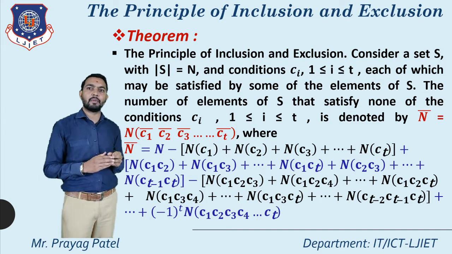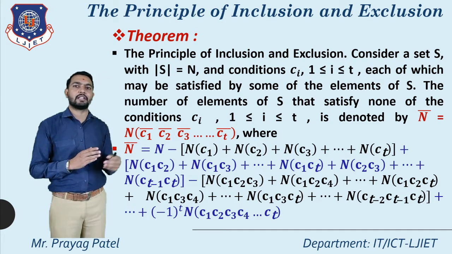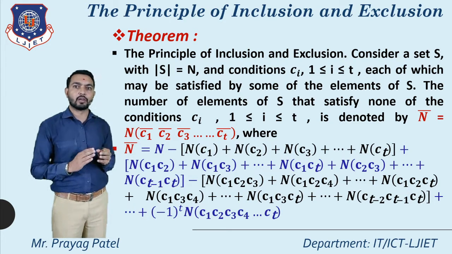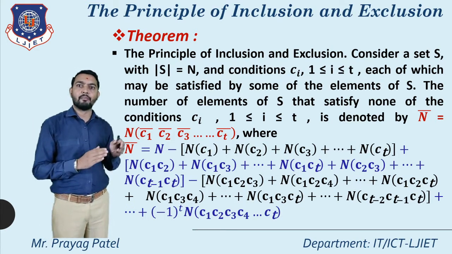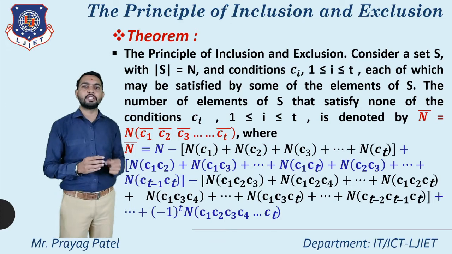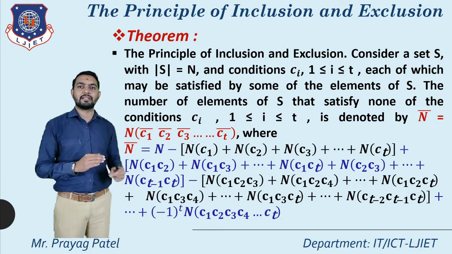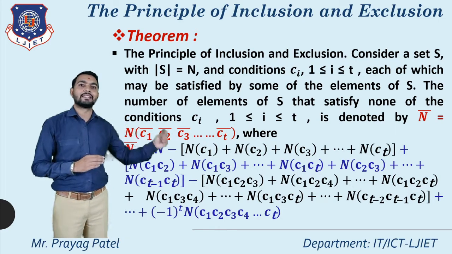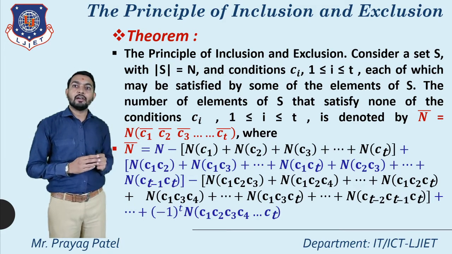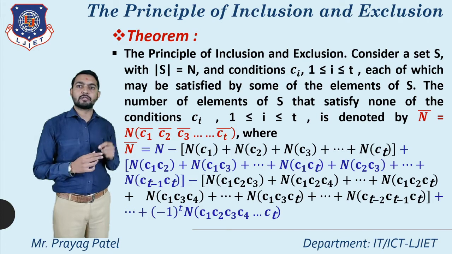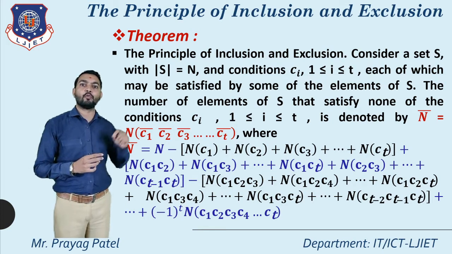So n bar, that means N(C1' C2' C3' up to Ct'), is equal to n minus, first, all the individual elements N(C1), N(C2), N(C3) up to N(Ct). Now the third part, plus N of pairs of two elements, that means 1 2, 1 3, 1 4 up to 1 t.